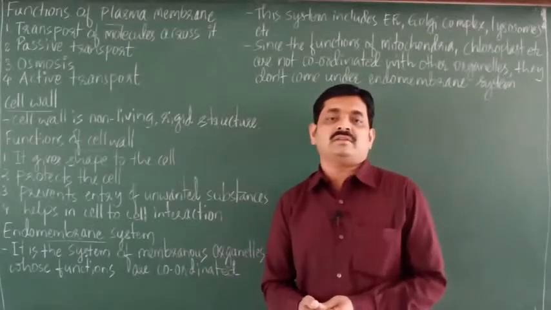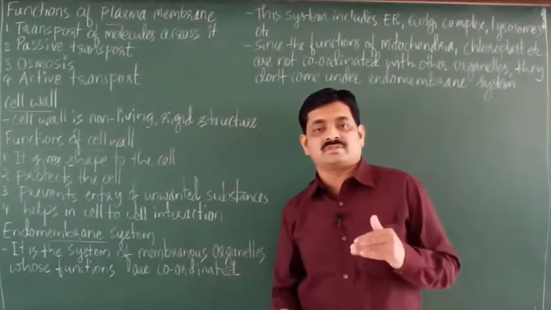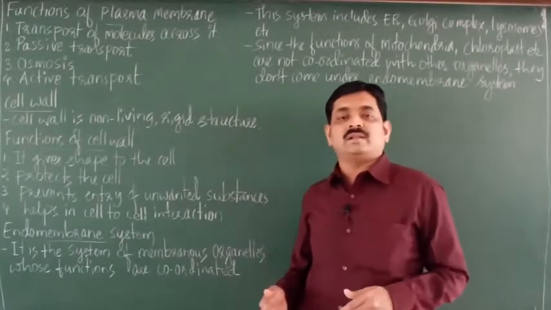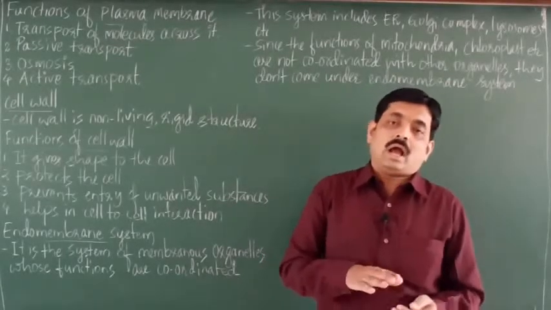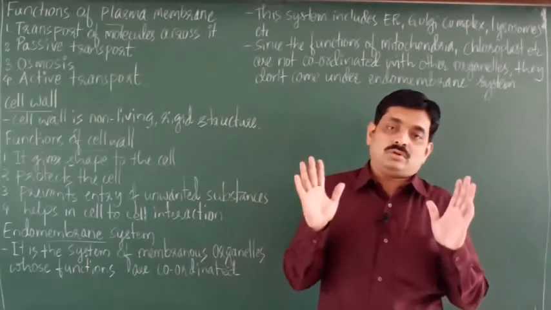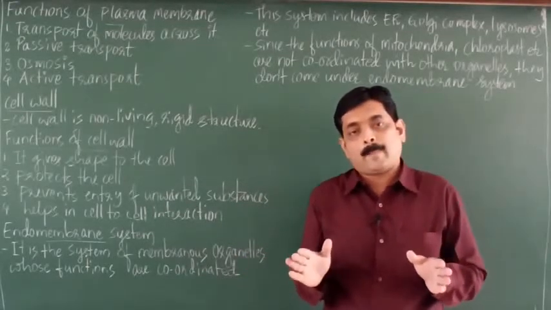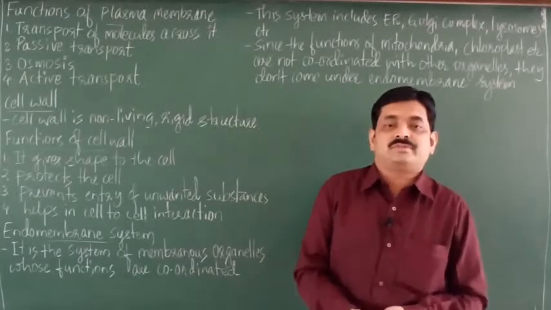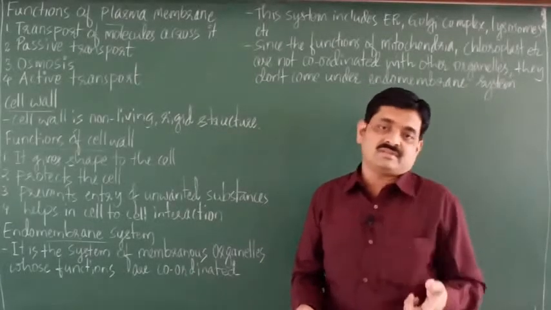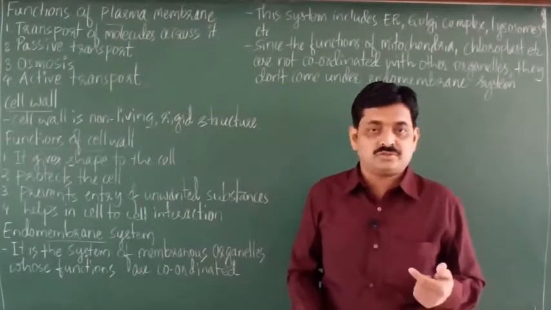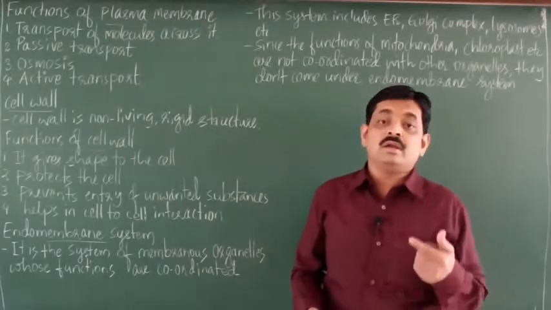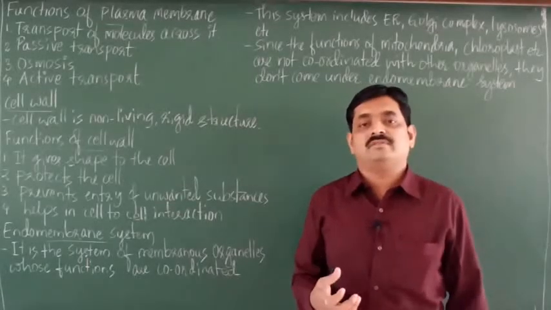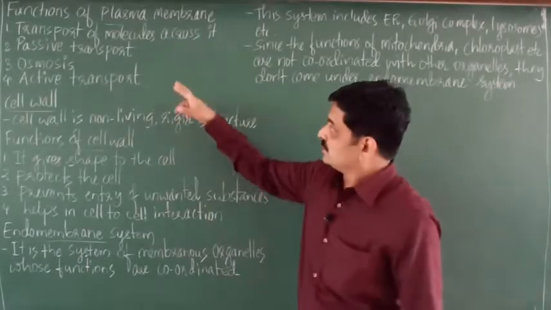It helps substances to move inside the cell, and even to move out of the cell. So inward and outward movement of various biomolecules or substances takes place through the plasma membrane. That is the main, or primary, function of the plasma membrane.